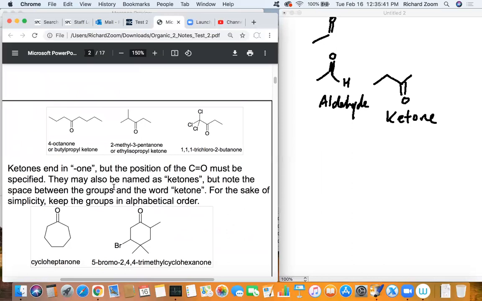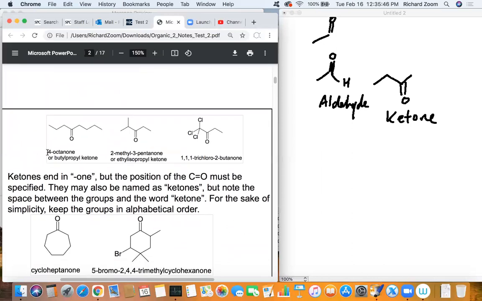Now, ketones end in the suffix -one, and because the ketone group could be anywhere in the chain except the end, we need to specify where that double bond O is coming from.